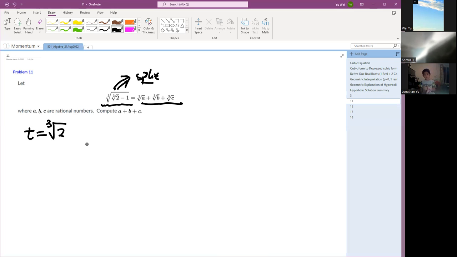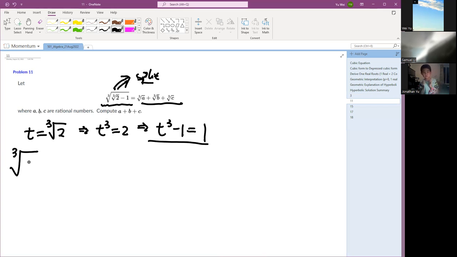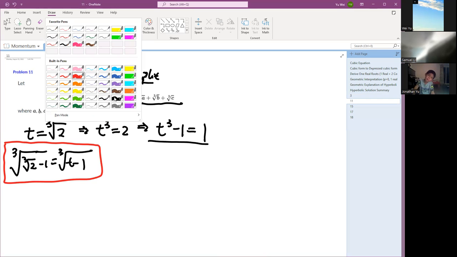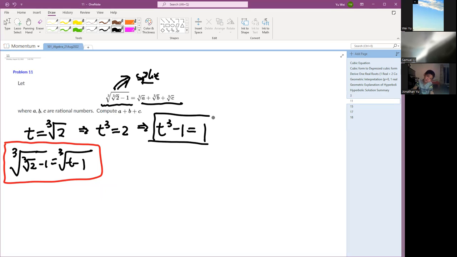If this is the case, then what do we have? Compute A plus B plus. Do you agree with me? Yeah. Then the original case. No problem. Any questions here? Nope.